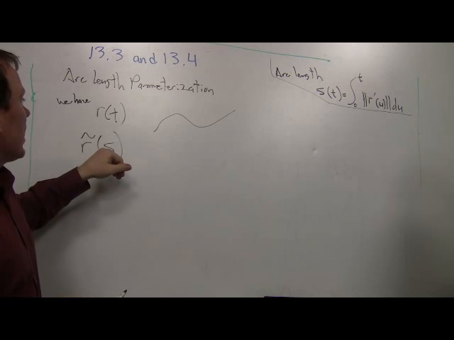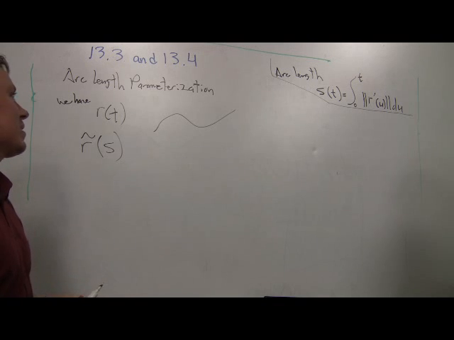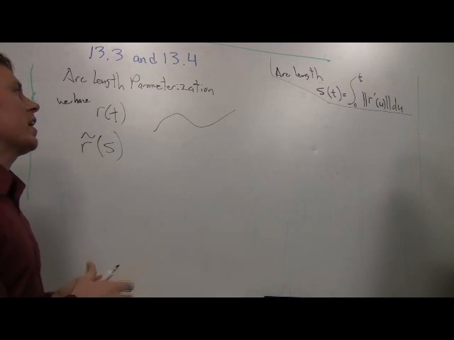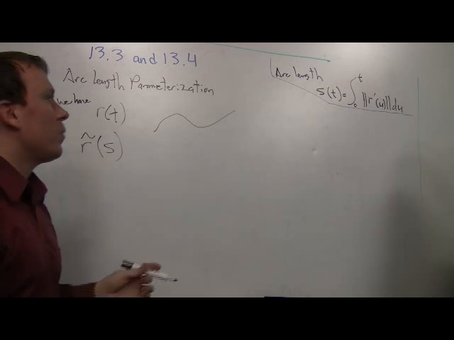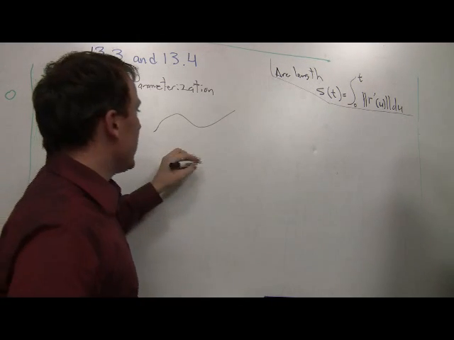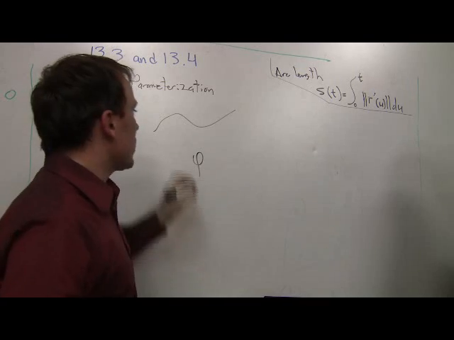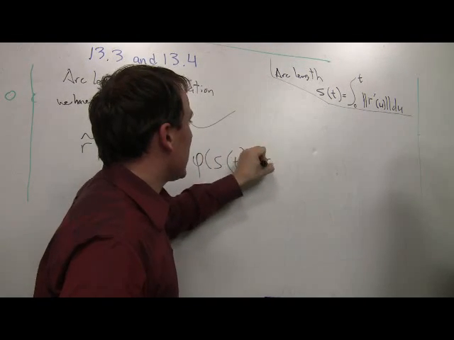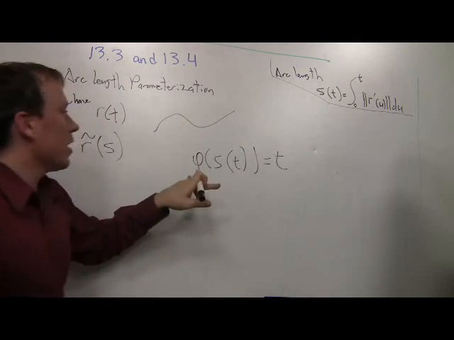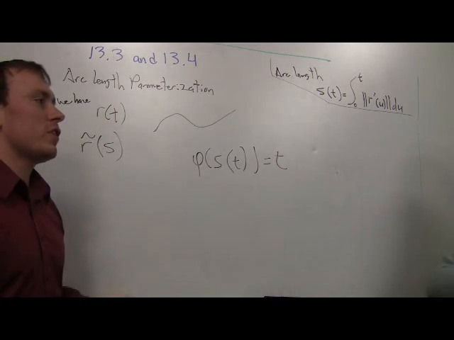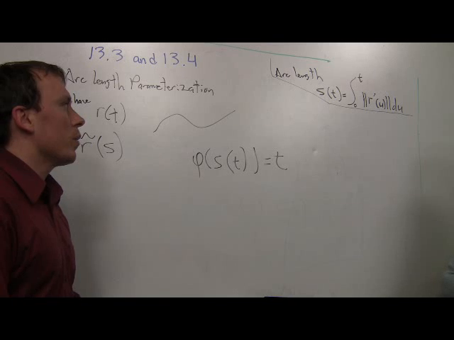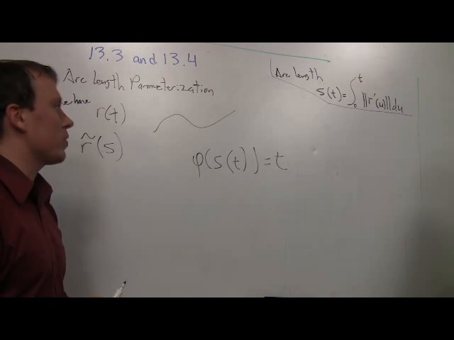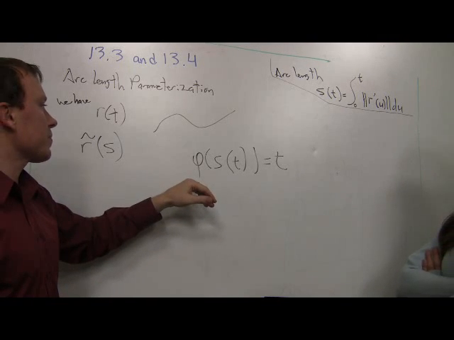Now, in order to relate my s's and t's, I'm going to need to define a new function. I want to define a new phi such that phi of s of t is actually equal to t. I want the inverse function of s. We happen to have that s is invertible. s is an always increasing function, so there does exist an inverse phi.